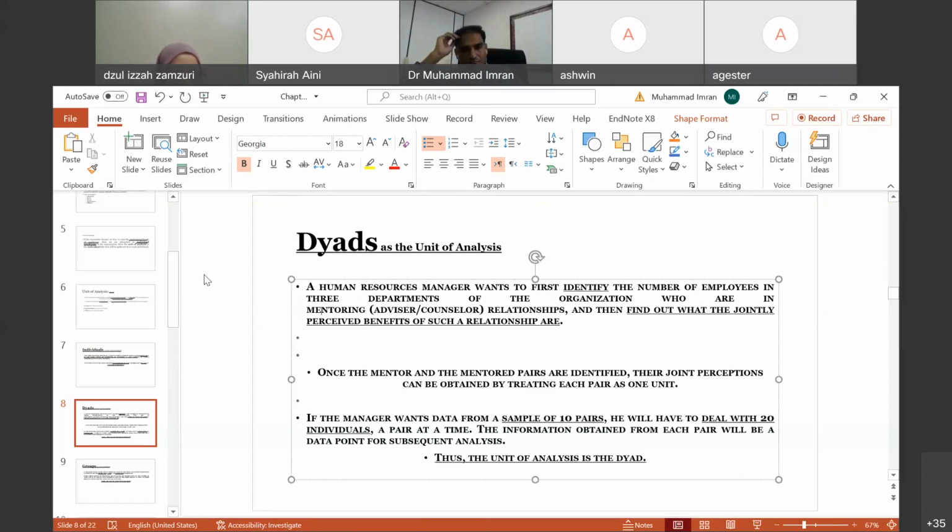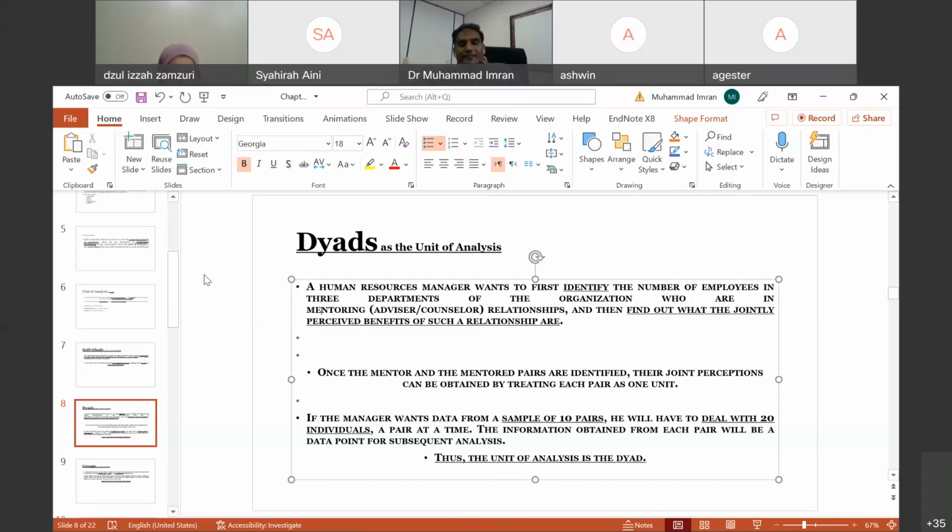The mentor and mentee pair's joint perception can be obtained by treating each pair as one unit. If the manager wants data from a sample of 10 pairs, he will have to deal with 20 individuals, pair at a time. The information obtained from each pair will be a data point for subsequent analysis. Thus, the unit of analysis is the dyad.